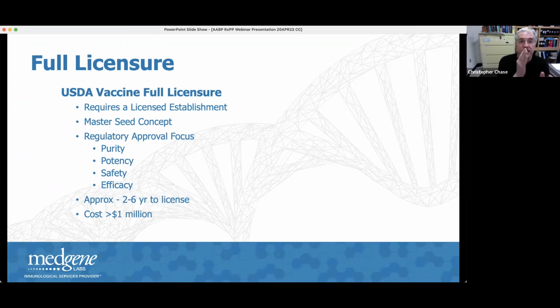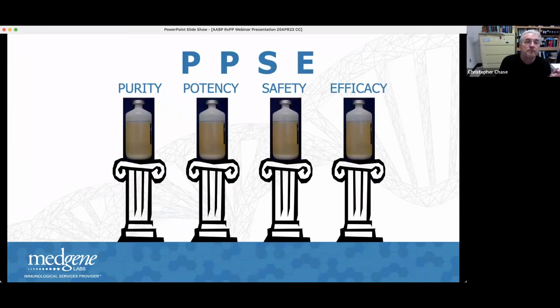So there's a very firm protocol that's put together in terms of manufacturing process. And then in terms of regulatory approval, they have to be pure, potent, safe, and efficacious. So all those things have to be established. And that takes, again, anywhere from 2 to 6 years and costs certainly more than $1 million to put together. So again, the key components on a full license are purity, potency, safety, and efficacy.